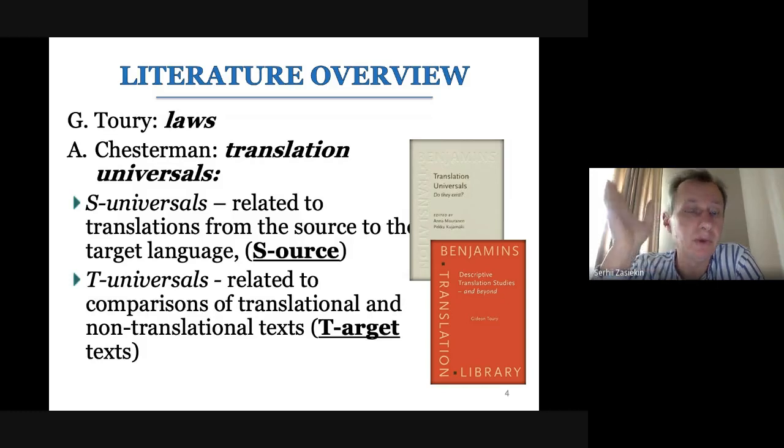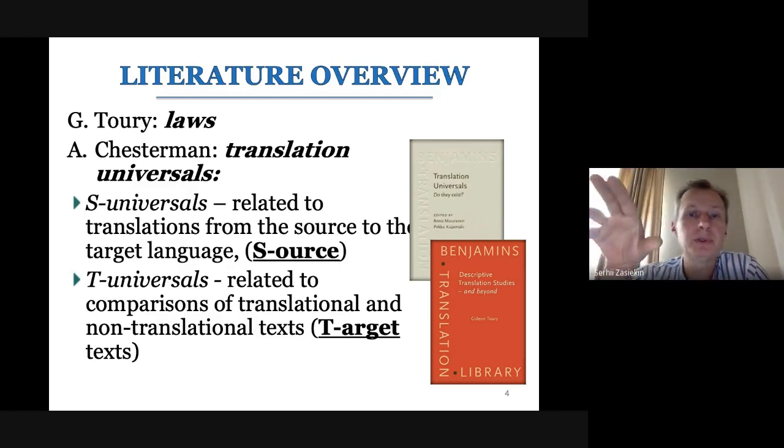And a lot of scholars who work in the field of translation studies share this common label with other scholars and translators, and they call them translation universals. And he divides this set of translation universals into two groups, so-called S universals and T universals. Why S?